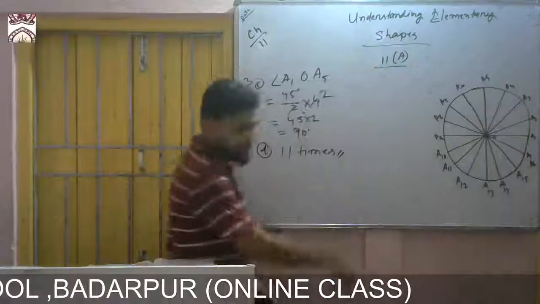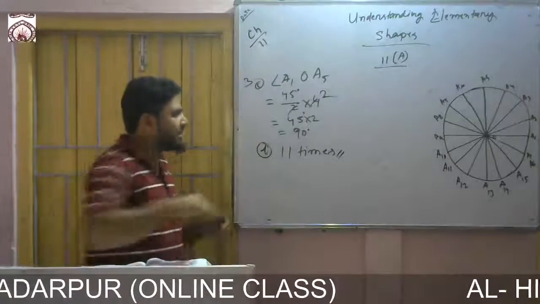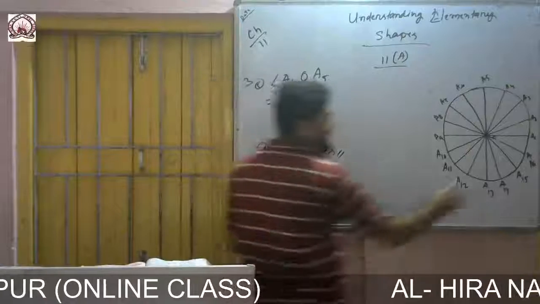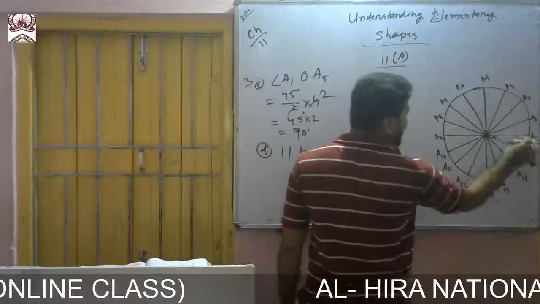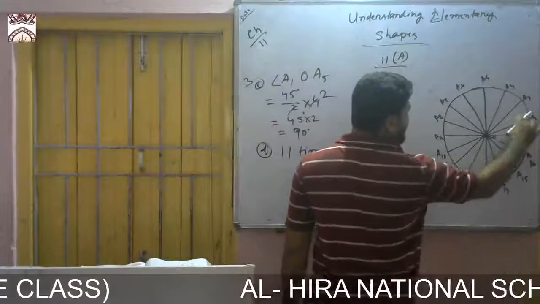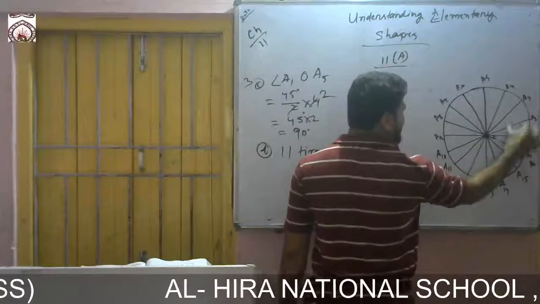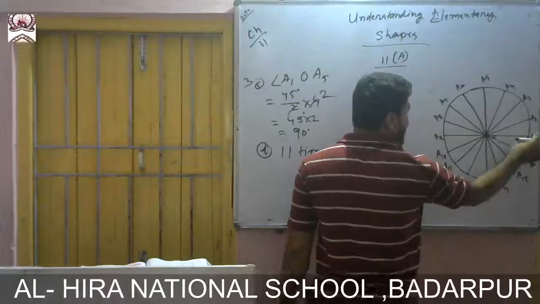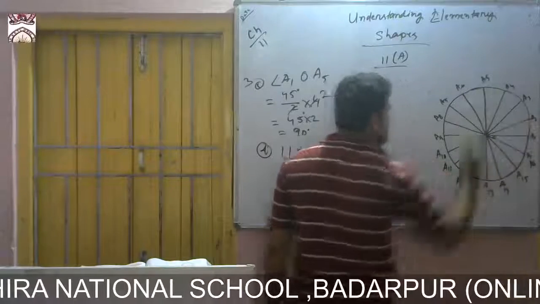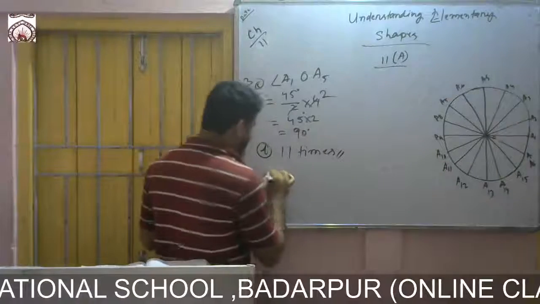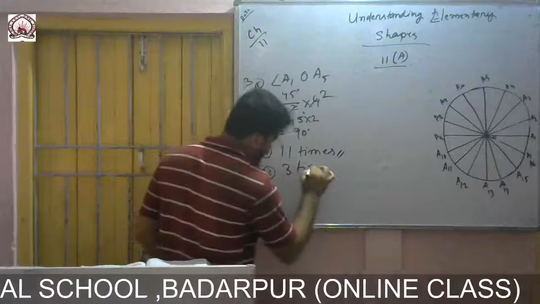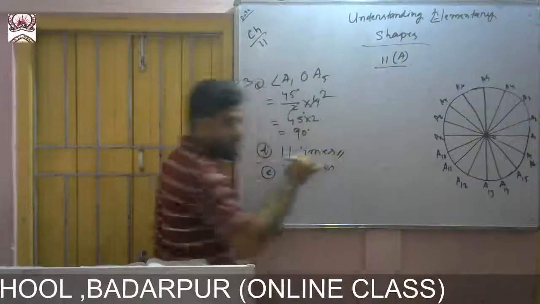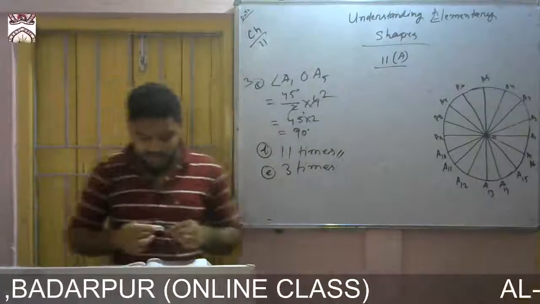It is 3 times present. So I shall write 3 times, because this part and this part are equal to this part. So A1OA2 is 3 times there.